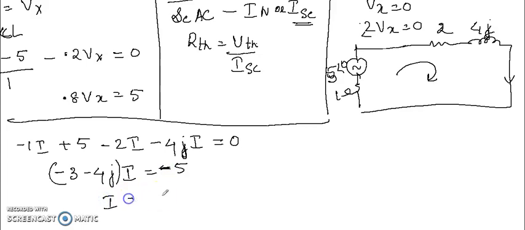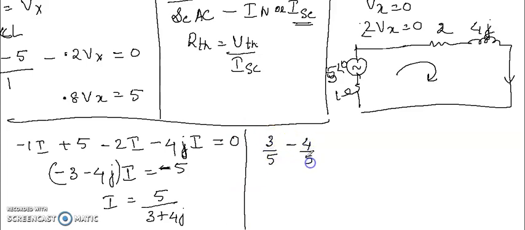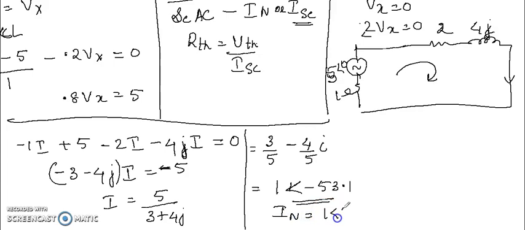That is I is equal to 5 by 3 plus 4j. So you can put it in a calculator to get it as 3 by 5 minus 4 by 5j. On converting it into polar form, we will get it as 1 angle minus 53.1. So now we have got the IN. IN is equal to 1 angle minus 53.1.